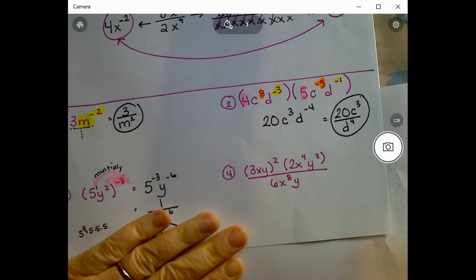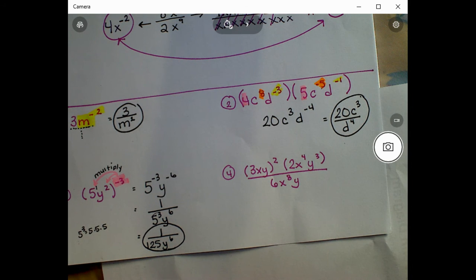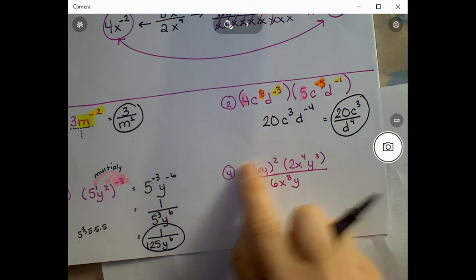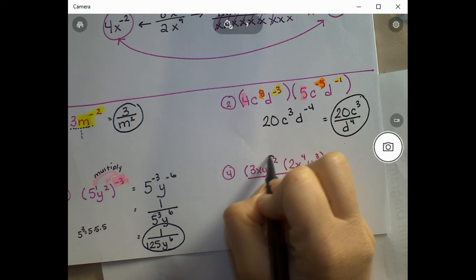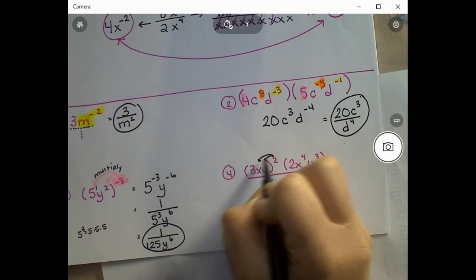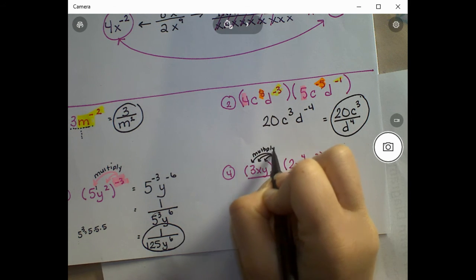Okay, here we go. This is kind of a case of follow the order of operations because even though there are variables in there, we want to make sure we go in the right order. So before we can multiply this part and this part, we're going to need to use that power rule and multiply exponents.